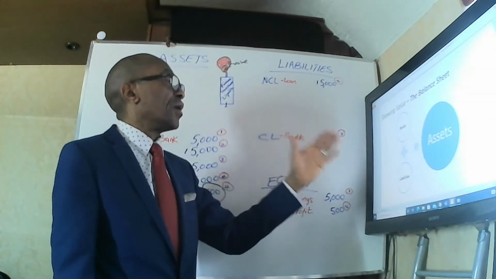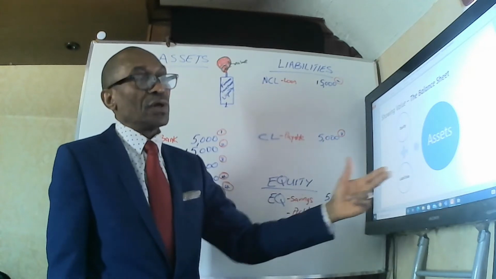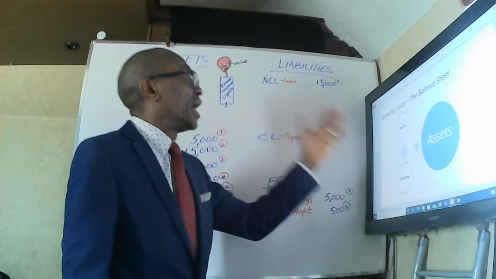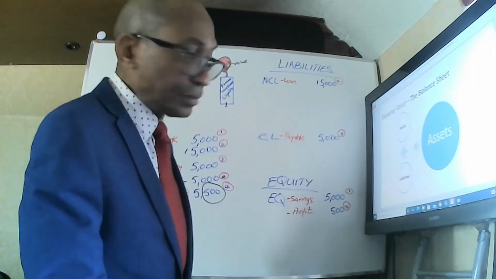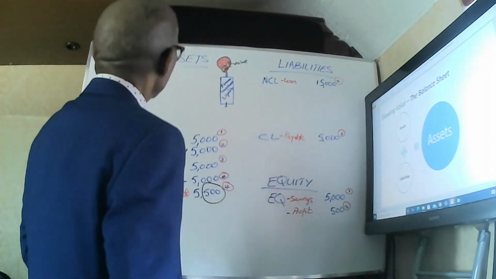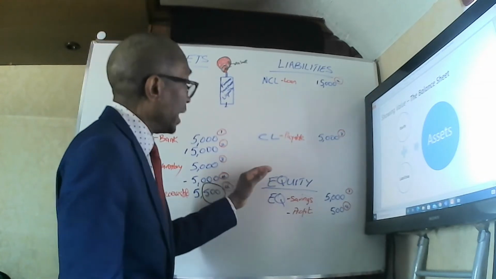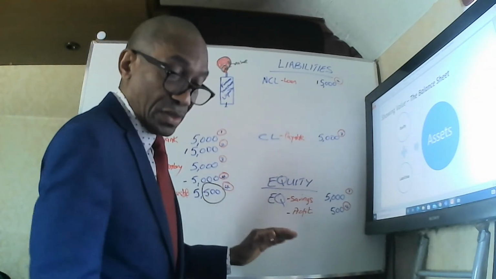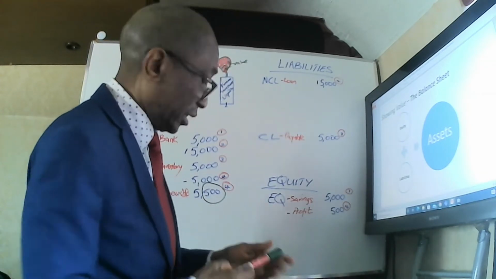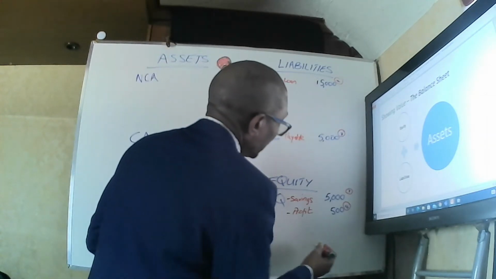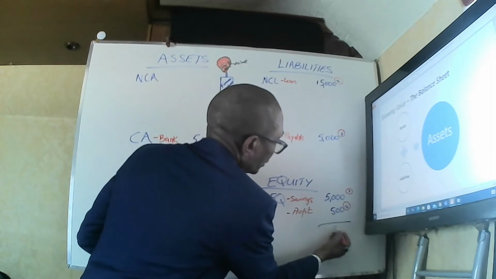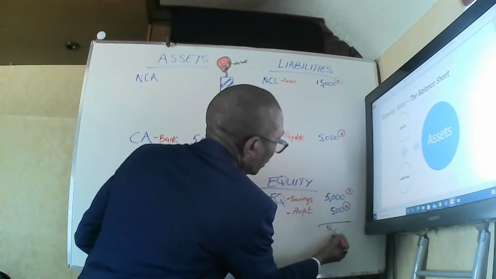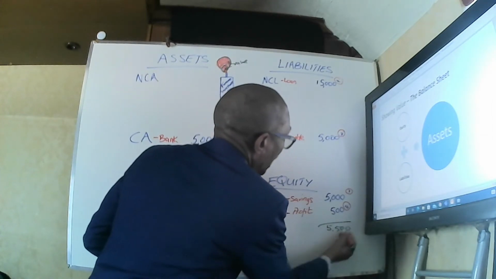Equity plus liability equals asset. They said equity plus liability equals asset. Good thing, we have got them headed here. Our equity here is 5,500. Let's try and close this. 5,500 is our equity here.